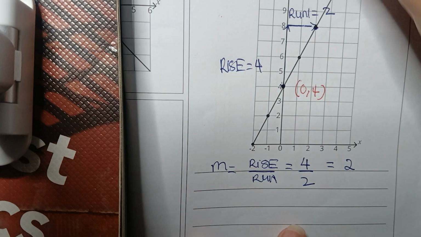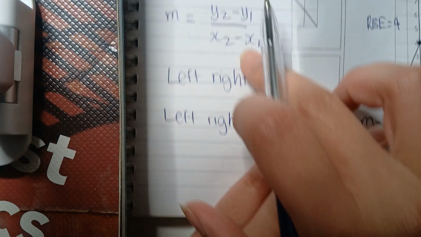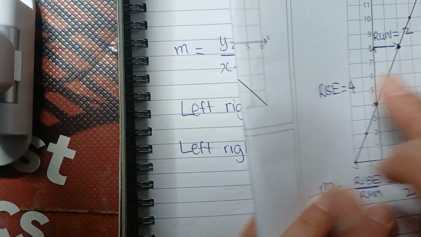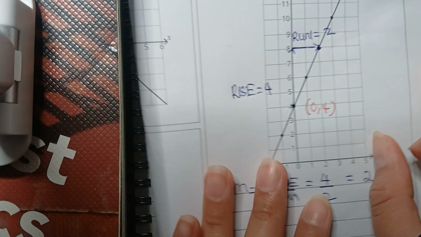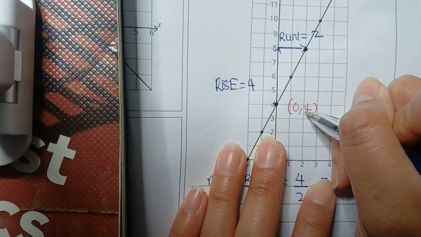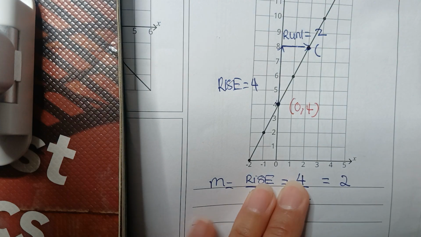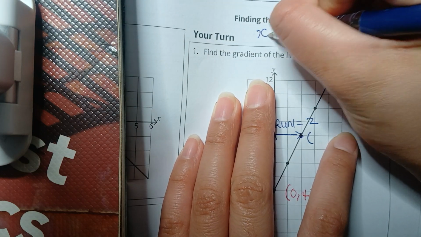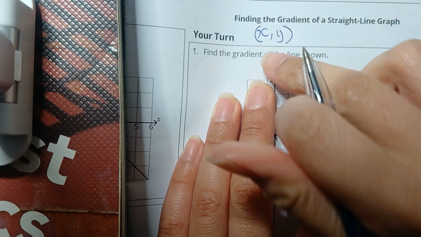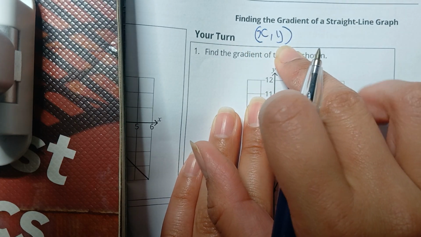Now, how about I use the other method? When can you use this method? When you know two points. Remember, if it's written in coordinate form, x and y, the x value goes first and the y value goes after, in a bracket.